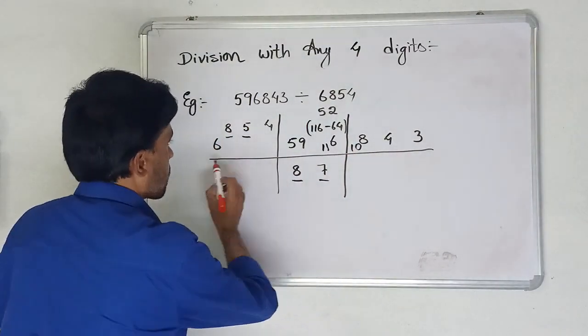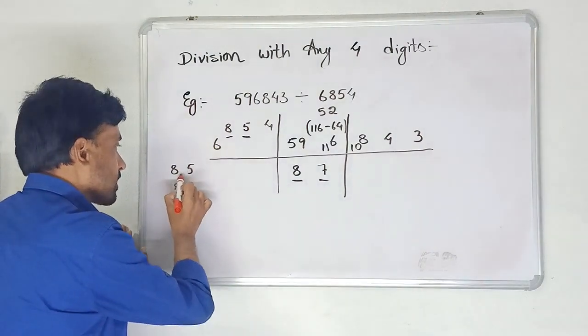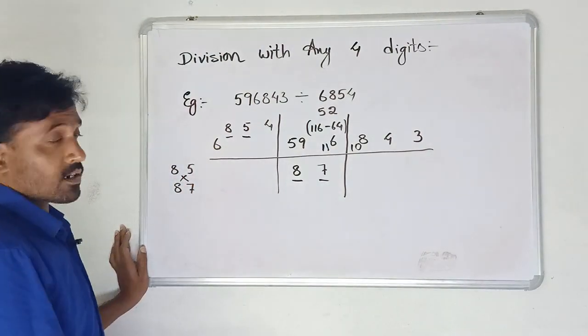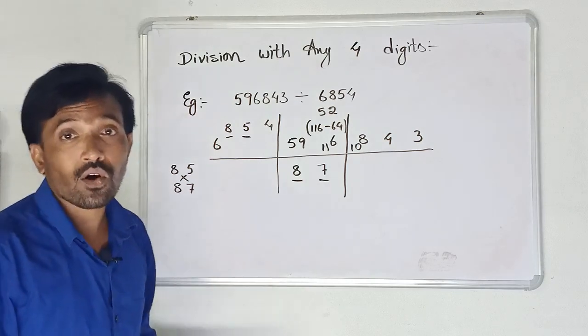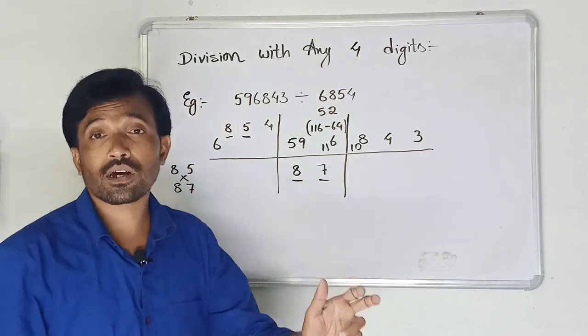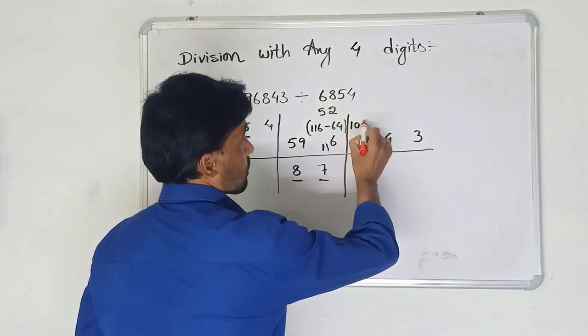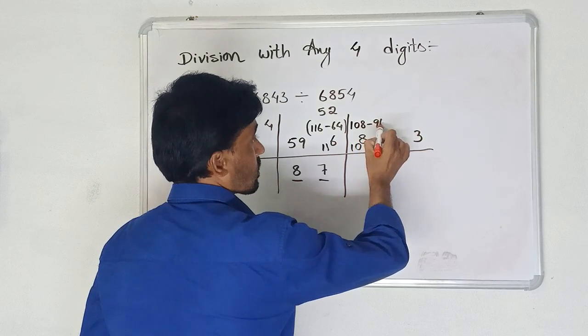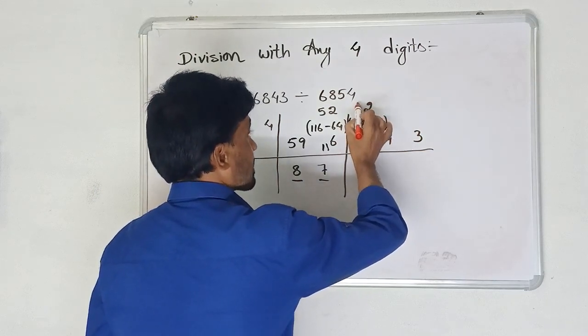Now under 85 we take 87 and do cross multiplication: 8 times 7 is 56 and 5 times 8 is 40. So 56 plus 40 is 96. Can 96 be subtracted from 108? Yes, it is to be subtracted now: 8 minus 6 is 2 and 10 minus 9 is 1.